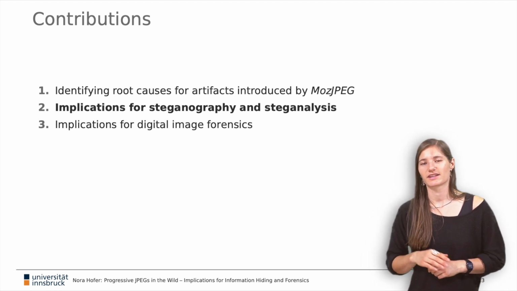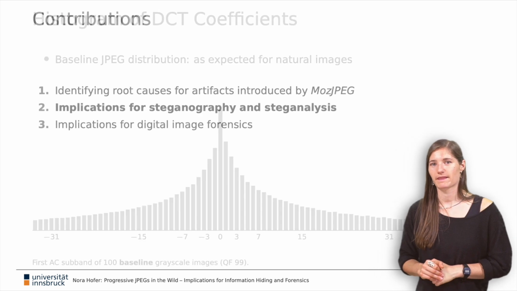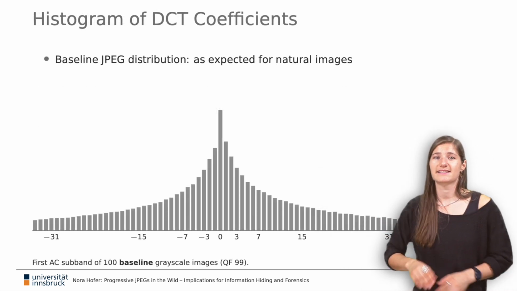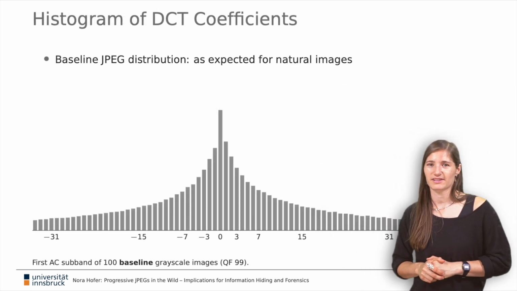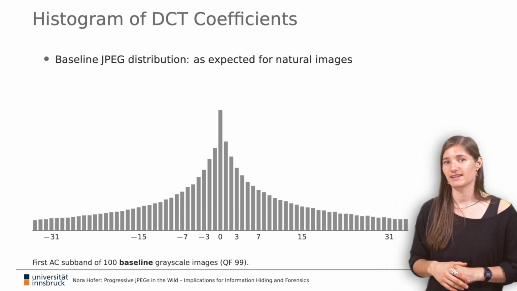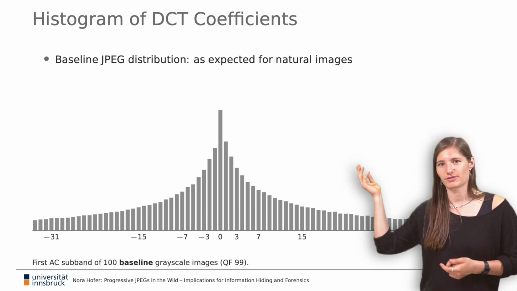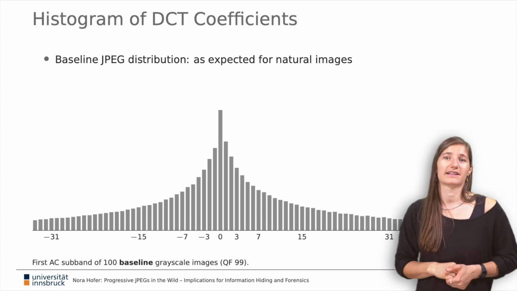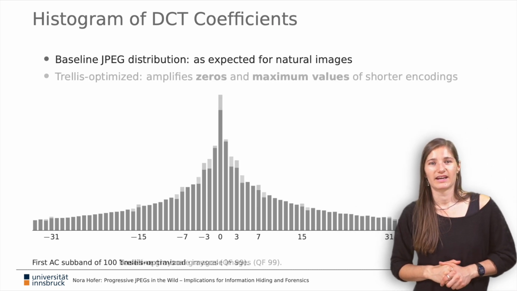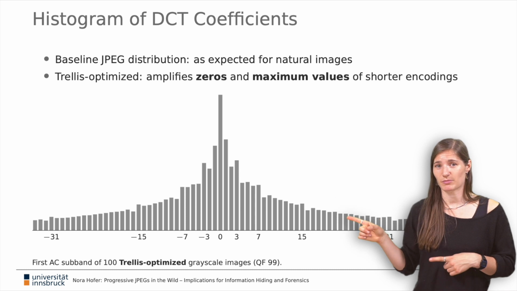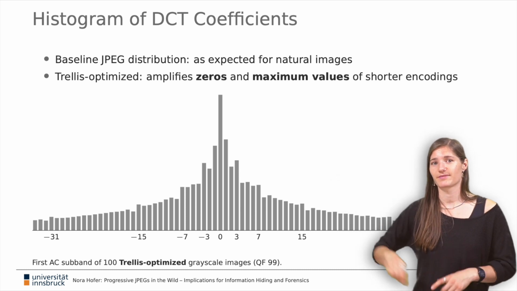We start with steganography and steganalysis. What you can see here is the histogram of the first AC coefficient subband of 100 grayscale images. As expected for natural images, it is approximately Laplace distributed. If we compress the same images using MozJPEG, the histogram changes.